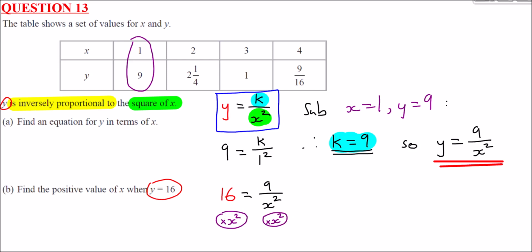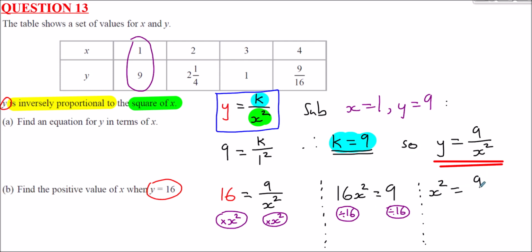So times both sides by x squared, we now have that 16 x squared equals 9. We want x squared on its own though. So that 16 is multiplying the x squared. Opposite of multiplying by 16 is dividing by 16. So we can have x squared on its own if we just choose to divide both sides by 16. So we have x squared equals 9 divided by 16.